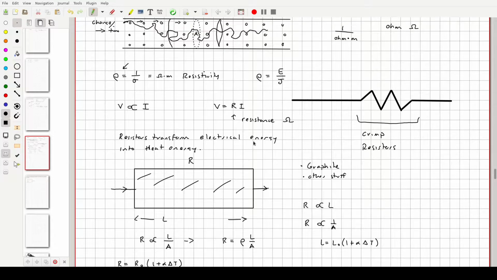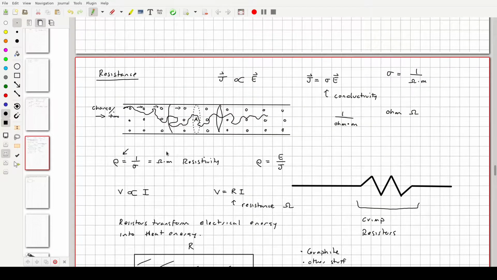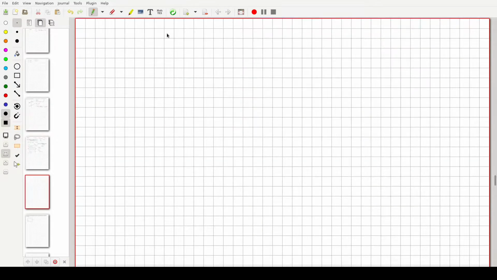Now, so that said, this right here has a formal name, just like this right here has a formal name. They're actually both named the same thing. These are called Ohm's law.